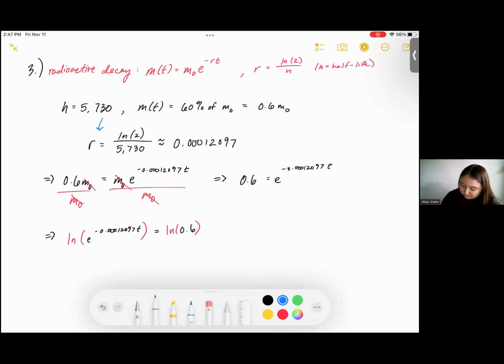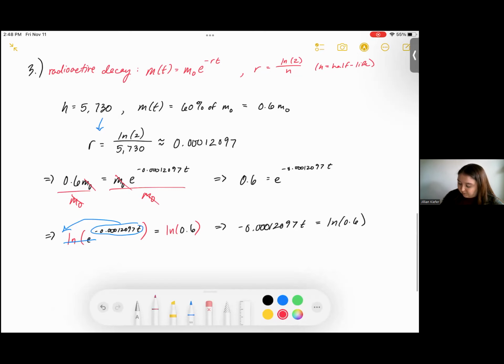And so what we see here is that the natural log and the e will cancel each other out, and the exponent comes out to the front. So this becomes negative 0.00012097 t is equal to the natural log of 0.6, whatever value that is. And remember, we're solving for t.